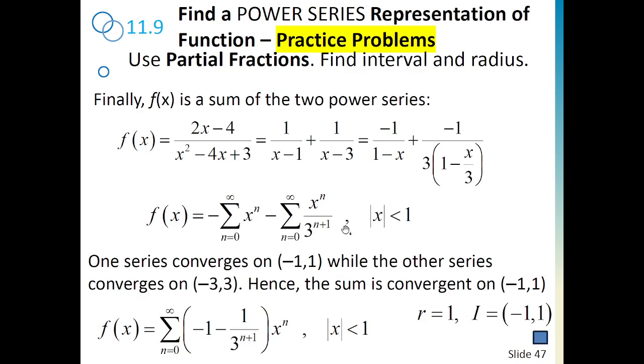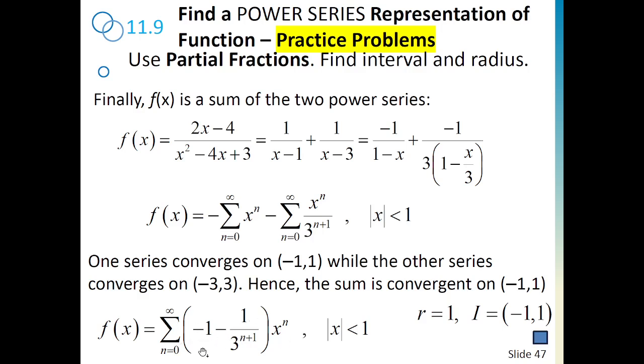So what we do, we see both series start at 0, which is good, and they have x to power n, x to power n, so I can factor x to power n. So in the first case I'll have negative 1, and the second case I'll have negative 1 divided by 3 to power n plus 1. So that's how I got this expression. I just factored x to the n.